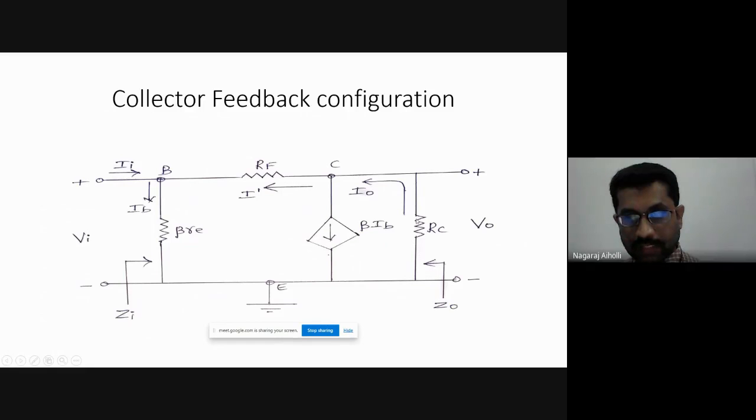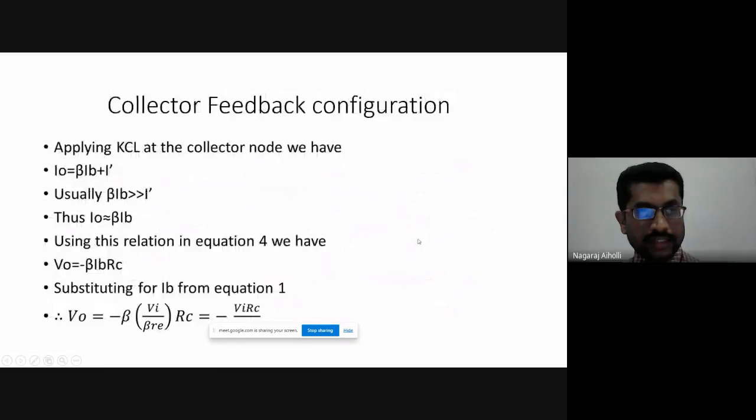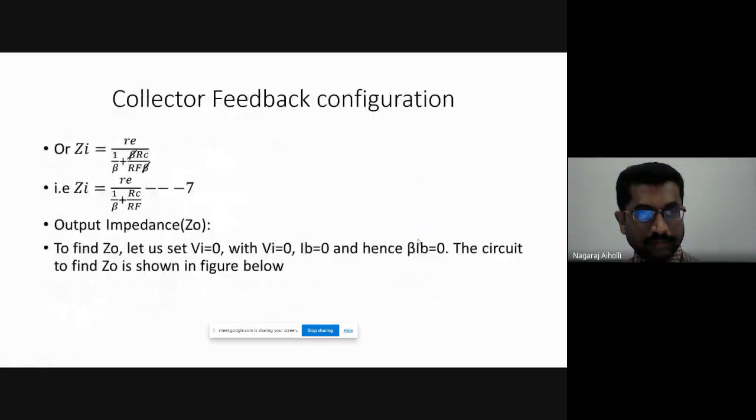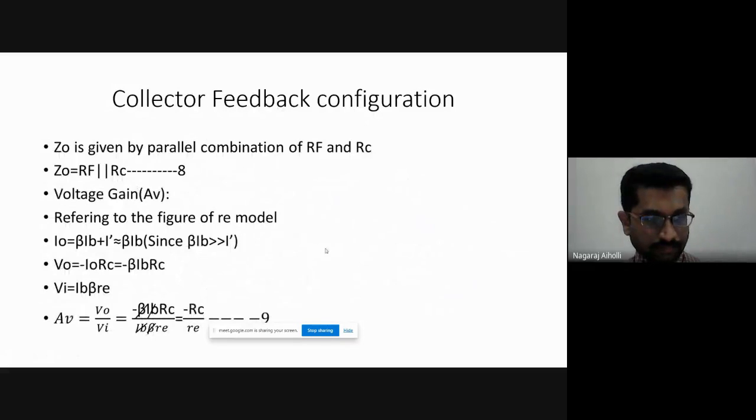Positive to negative, minus I0 RC, positive to negative, minus V0 equal to 0, or V0 is equal to minus I0 into RC. I0 is beta IB, so substituting, V0 is minus beta IB RC.